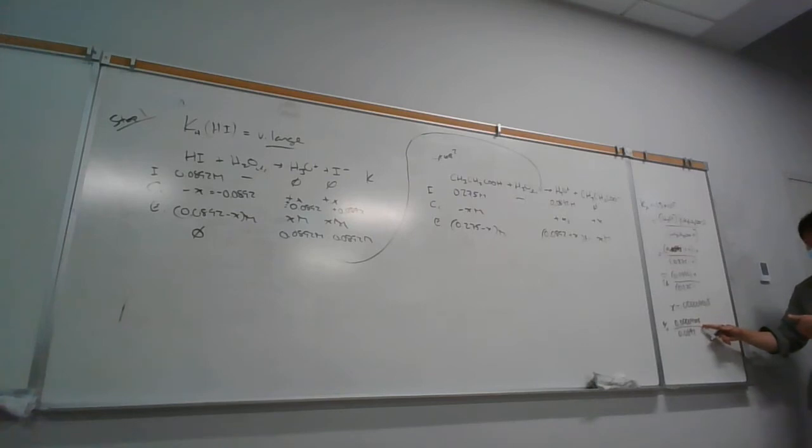Depends on what orientation I have, portrait versus landscape. I'm just going to carry the digits in my calculator here, divided by 0.0892 times 100. And I get, what did you get?